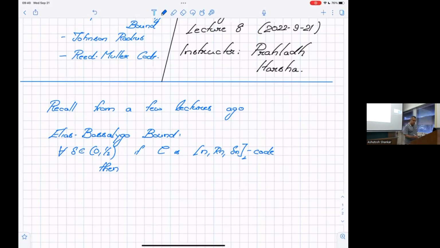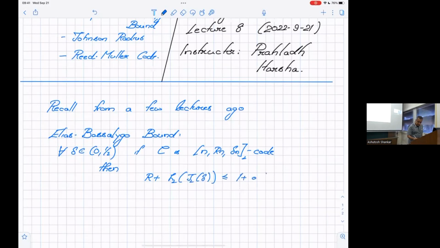The Hamming bound would have said R plus the binary entropy of delta by 2 is at most 1. Instead of delta by 2, we are going to replace this with the Johnson radius: R plus H of J2(delta) is less than or equal to 1.